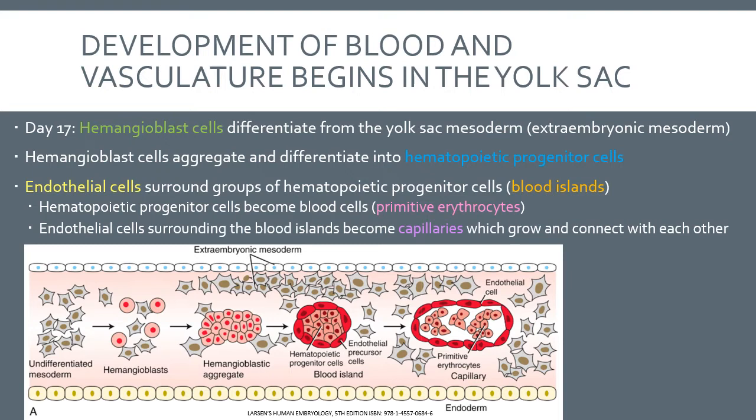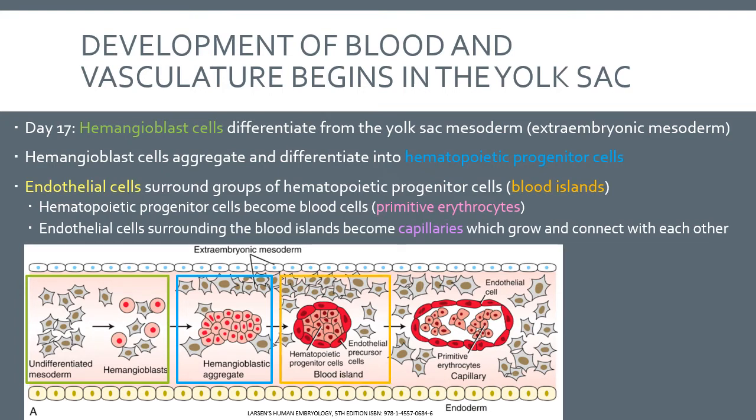So, in the mesoderm of the yolk sac, we get hemangioblast cells that are differentiating from the surrounding mesoderm, and they're going to aggregate into these clumps. Getting ahead of myself here. So they aggregate into clumps, and then they differentiate into what are called hematopoietic progenitor cells, a term for this intermediate stage of development of the blood cells.